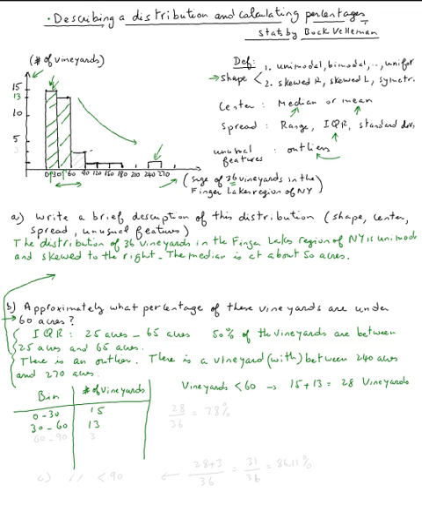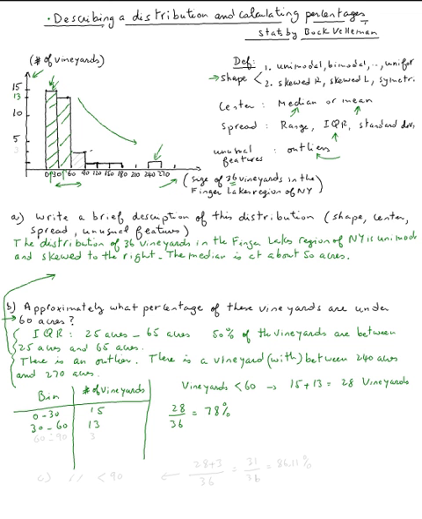You always divide the number under 60 by the total. 28 divided by 36 gives about 78%. So 78% of the vineyards have sizes under 60 acres.